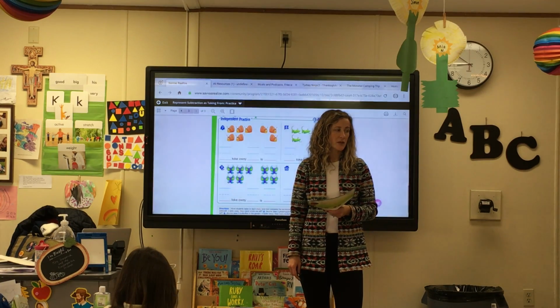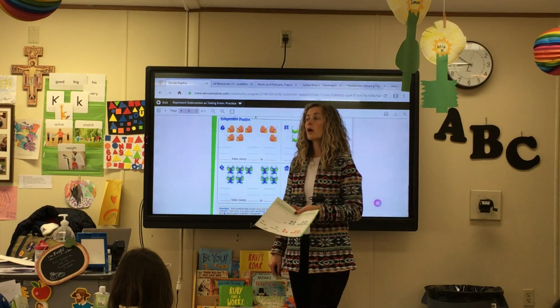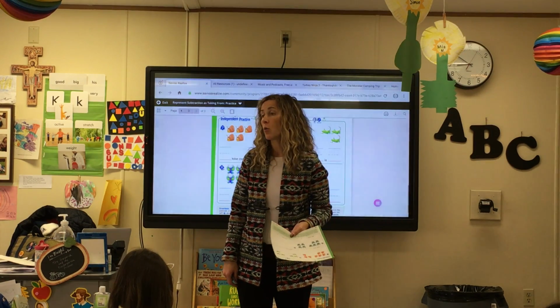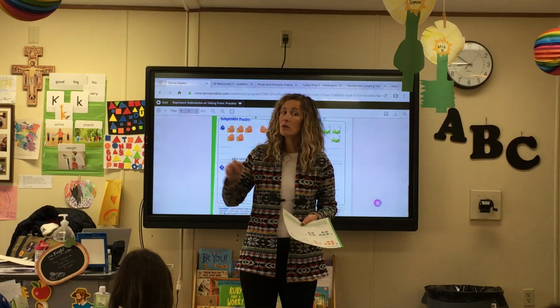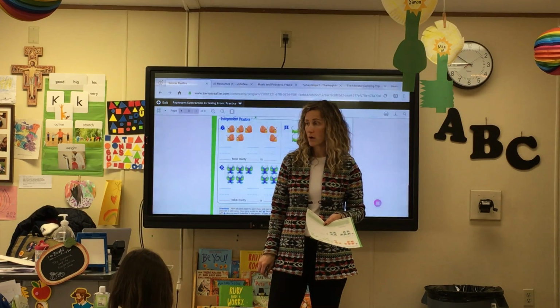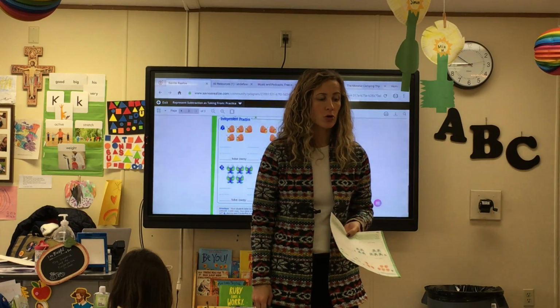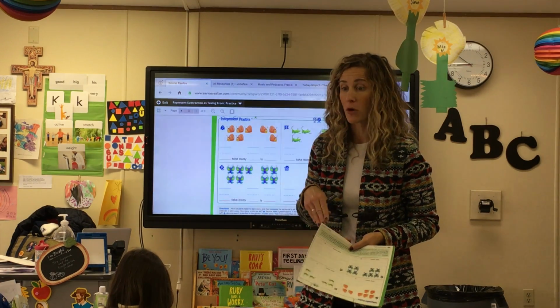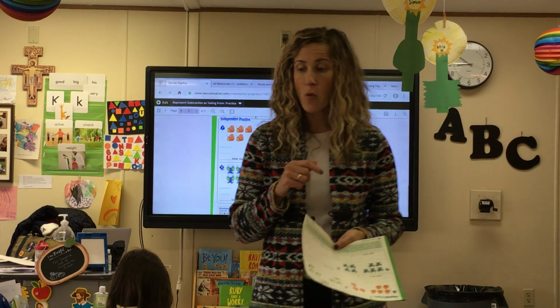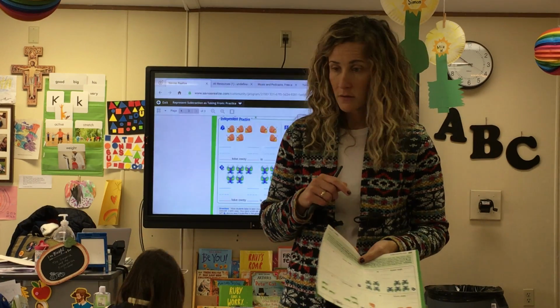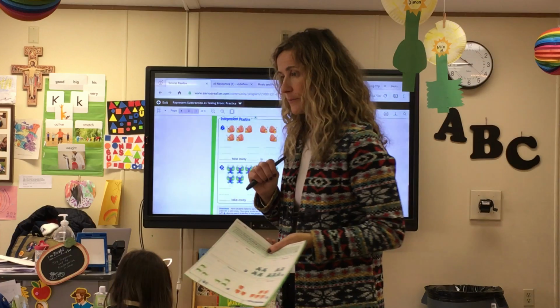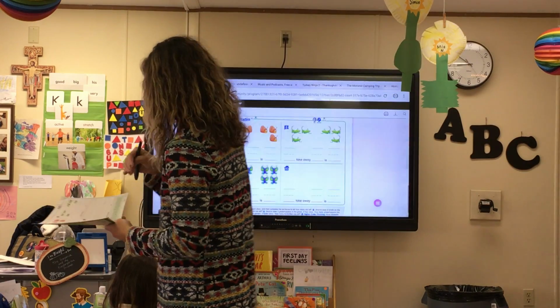There's 7 inchworms on a tree. 4 of them are going to crawl away. So I need you to circle and cross off a set of 4. Get rid of 4 of those. So circle and cross off, or just cross off at least 4 of them. So now take away 4. Cross off 4 of them. Or circle it and cross it off.